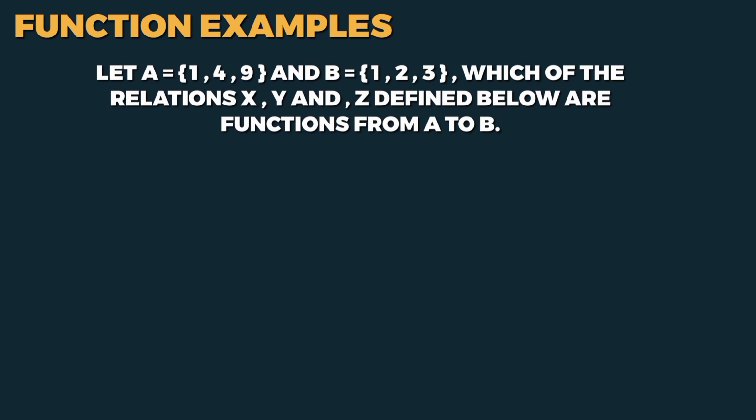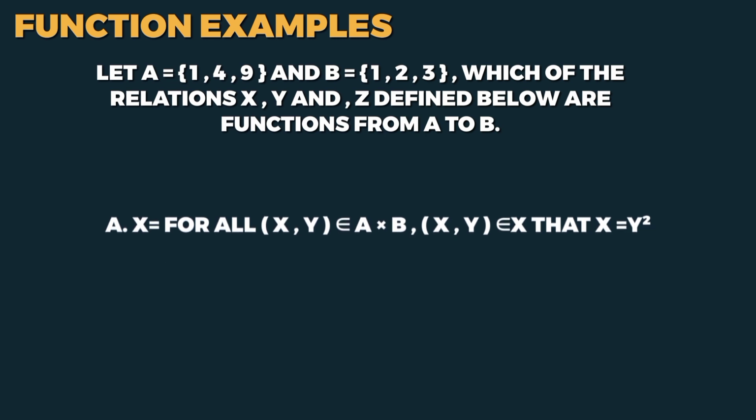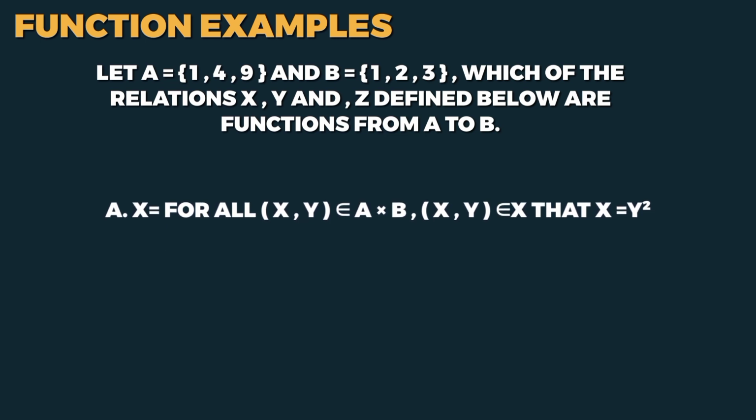Which of the relations X, Y, and Z defined below are functions from A to B? We have here A. X is defined as: for all ordered pairs (x, y) in A × B, (x, y) is an element of X means that x equals y squared. So we're also going to use an arrow diagram.